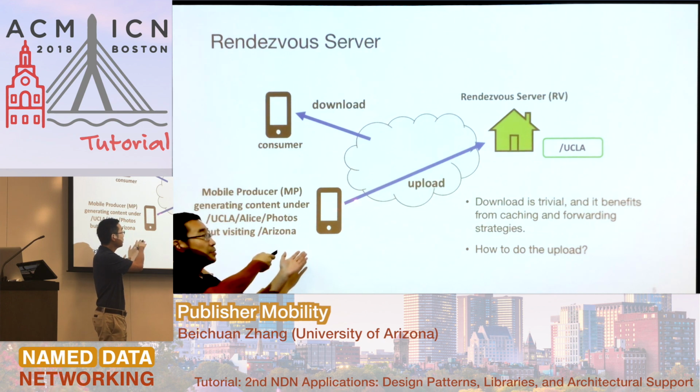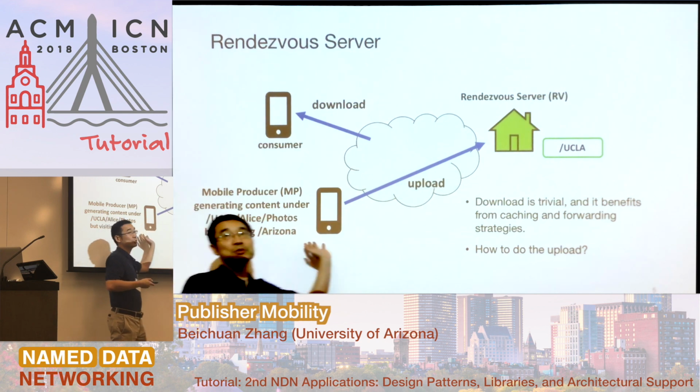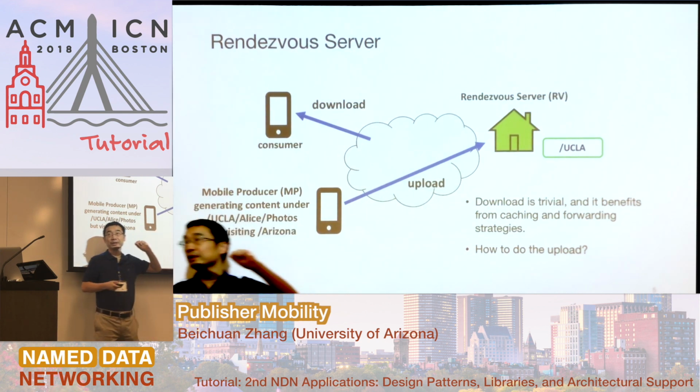We just look at how the phone's interest actually reaches the rendezvous point. Then we just somehow reverse it back so that interest from the rendezvous can get to the phone and retrieve data back.